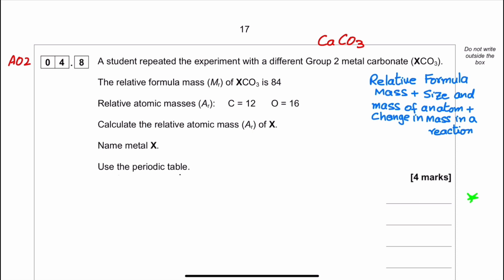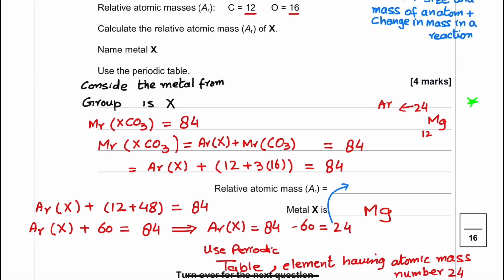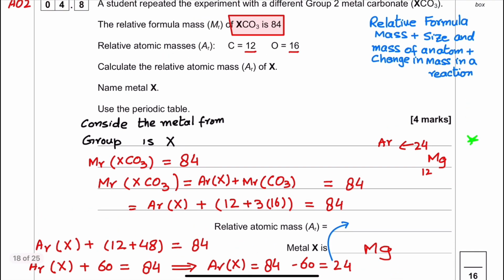The key information is Mr of the compound, which is 84. Let's see the model answer. Consider the metal from group 2 is X. Mr of the compound is already given, which is 84. So Mr of my compound XCO3 is 84.